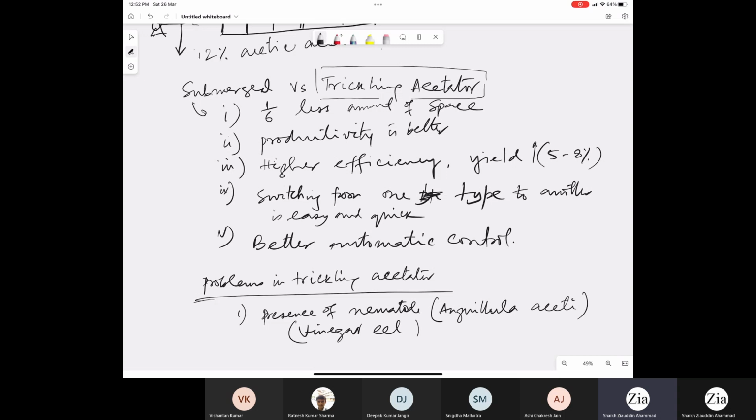And another problem with this system is the presence of different mites. They're also known as vinegar mites.